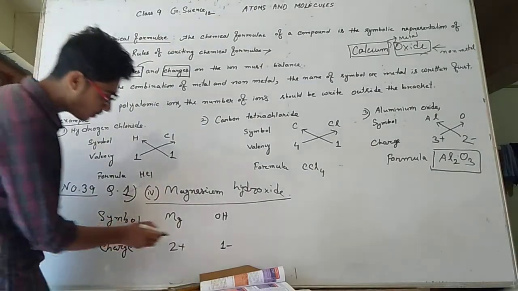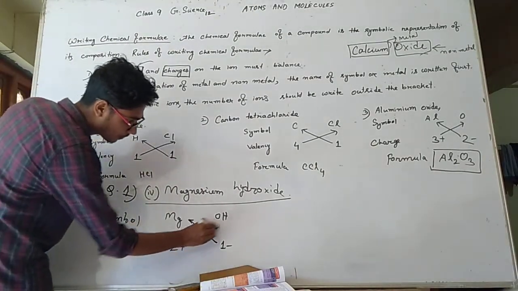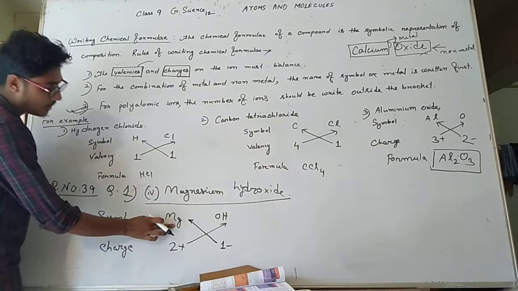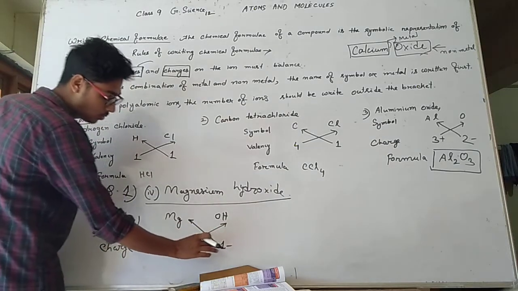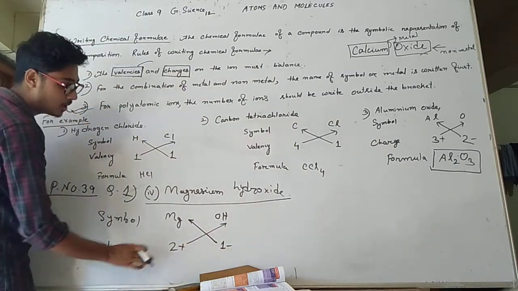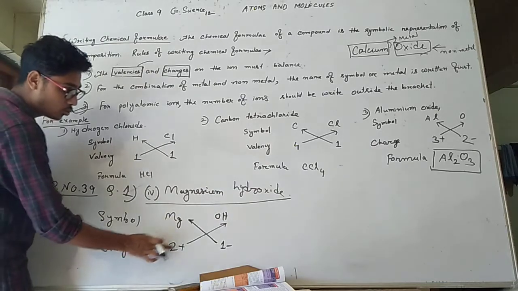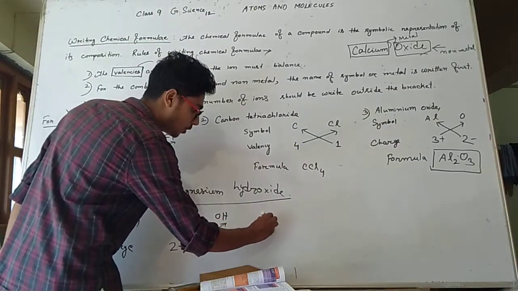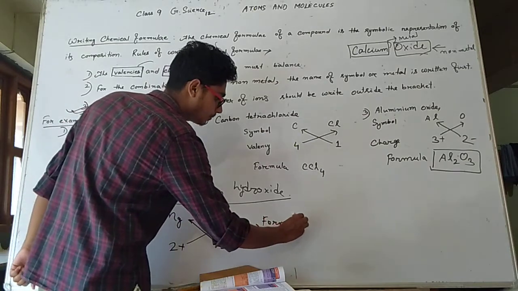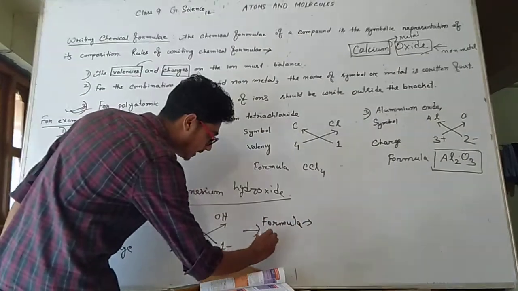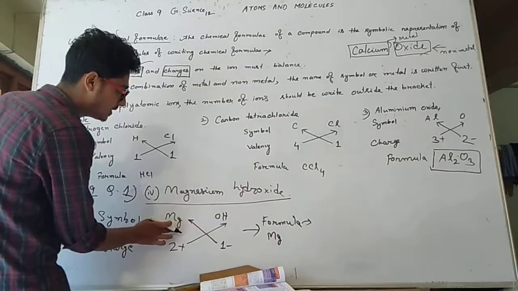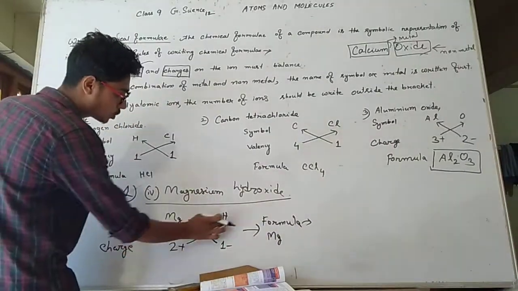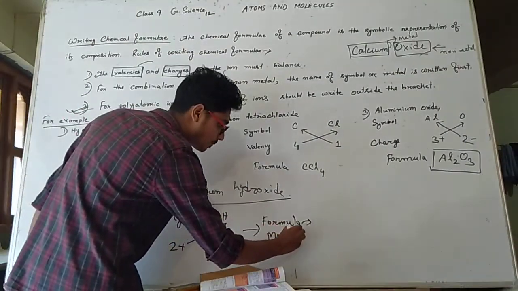Now you have to cross this. The 1 goes to the magnesium, and the 2 goes to the OH. You don't need to write the plus and minus symbols. So the formula for magnesium hydroxide is Mg, no need to write 1, then OH in brackets with 2.